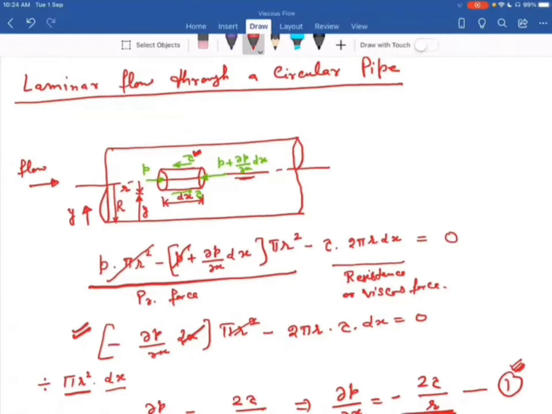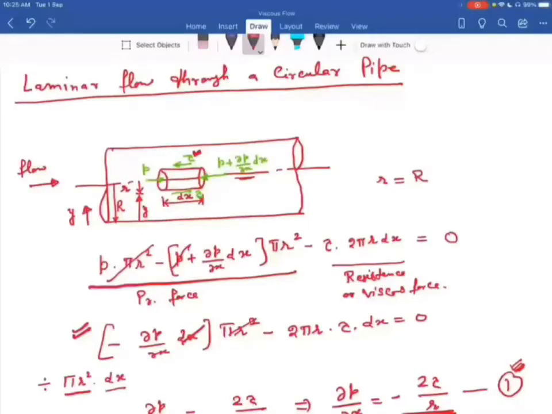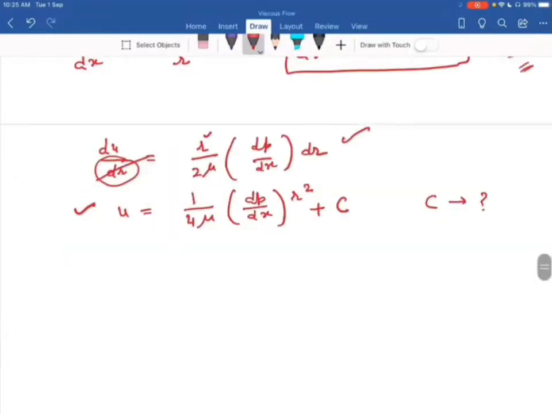So if small r becomes equal to capital R, that is at the pipe wall, the velocity of flow is 0. The velocity of the layer which is just touching the pipe is 0. So r equal to capital R, u equal to 0. This boundary relation I use to find out constant C.